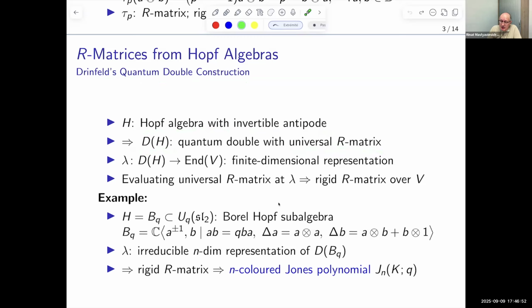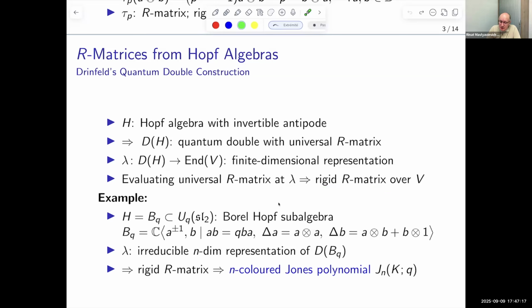Then we pick a finite dimensional representation of this quantum double, and we evaluate the universal R-matrix at this representation. The outcome will be a rigid R-matrix over the vector space which underlies the representation.